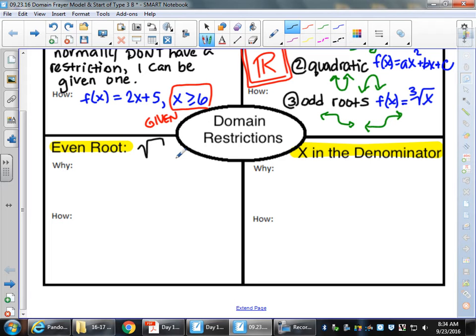Why is there a restriction on even roots? What's that reasoning why? Because you cannot do what? Cannot take, let's generalize square root to even root, of what kind of numbers?